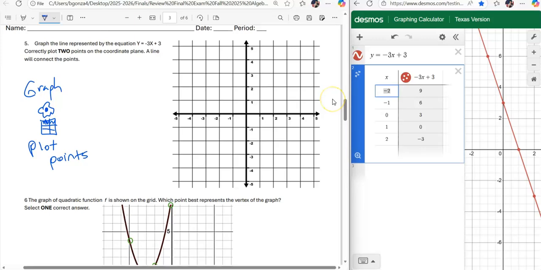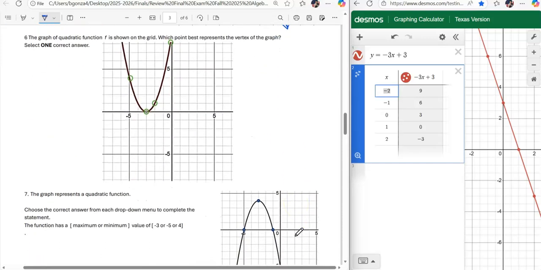So 0, comma 3, 1, comma 0. That's enough. You just need 2 points. And in the computer, it'll graph it as long as you make sure that it is linear. All right, number six, the graph of the quadratic function below, which represents the vertex?